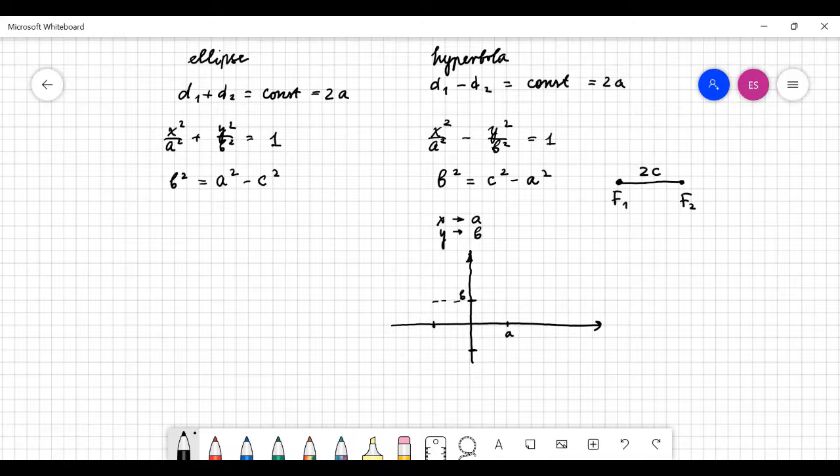And then we are going to build a rectangle through these points. And through the corners of this rectangle, we are going to draw straight lines. These straight lines are going to make the slant asymptotes of the hyperbola. Slant asymptotes are lines to which the hyperbola is going to approach at infinity.